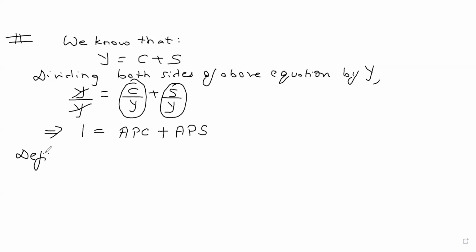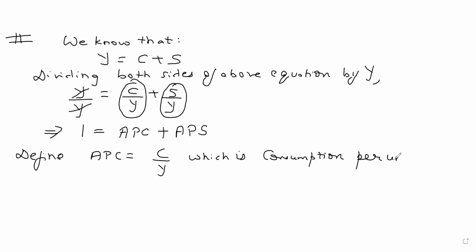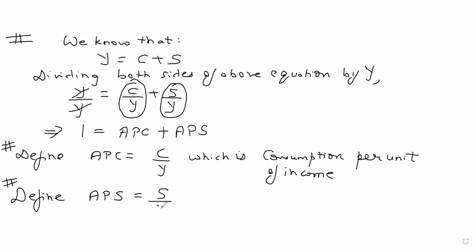So I can define APC as C by Y, which is consumption per unit of income, and define APS as S by Y, which is savings per unit of income.